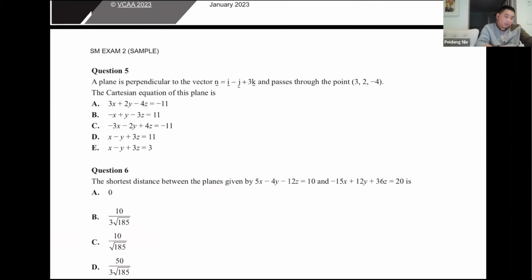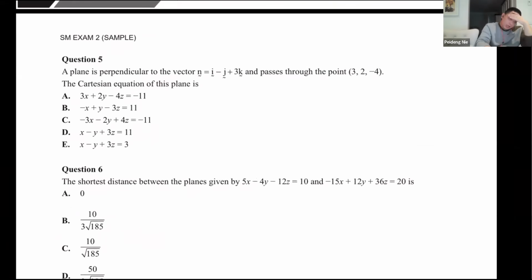All right, now the plane is perpendicular to the vector n and it passes through the point (3, 2, -4). We just apply the formula here. R minus the reference point's position vector, multiplied by n, equals 0. Or we can just directly use n1x plus n2y plus n3z equals some k, okay?